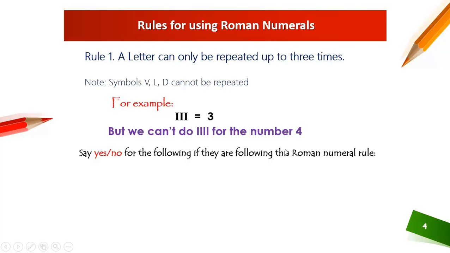So, can we say yes or no for the following Roman numbers? 2 times X, this stands for 20, that means yes. 3 times C, that means C stands for 100, so 3C stands for 300, so it is yes. 4 times V, the point here to note was symbols V, L, and D cannot be repeated.